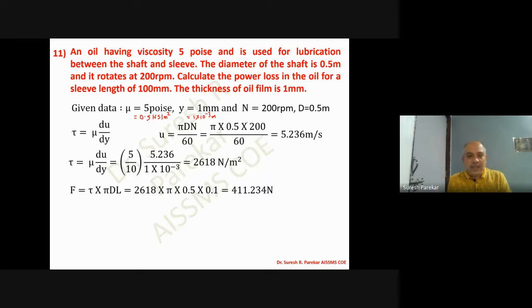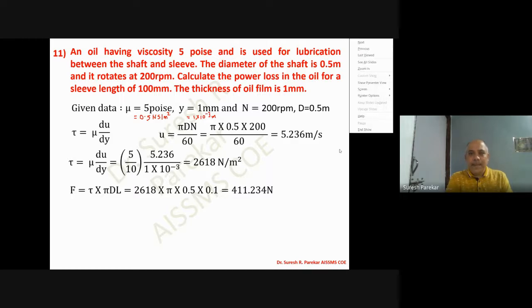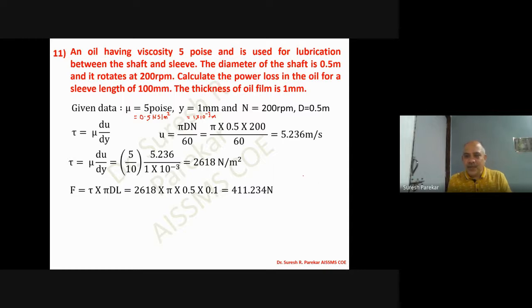So now this pi D: if we consider the diagram of this shaft, we are going to get it in this fashion.